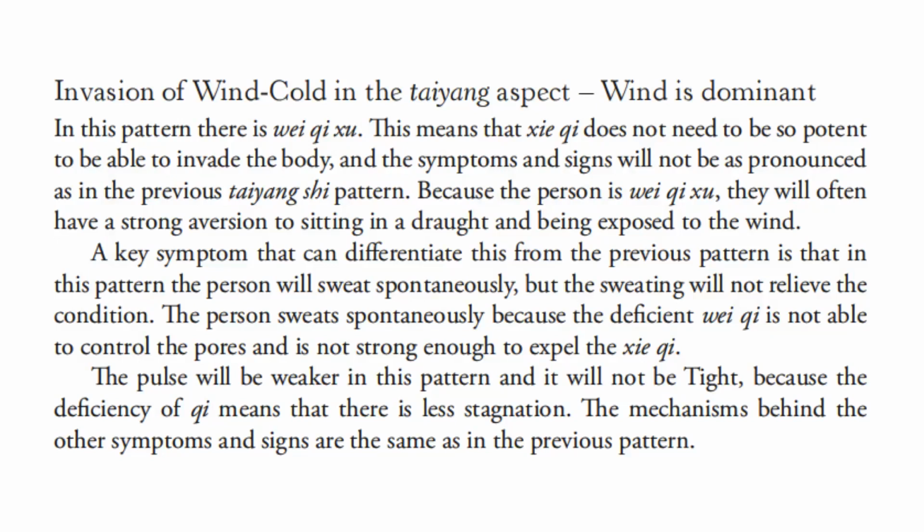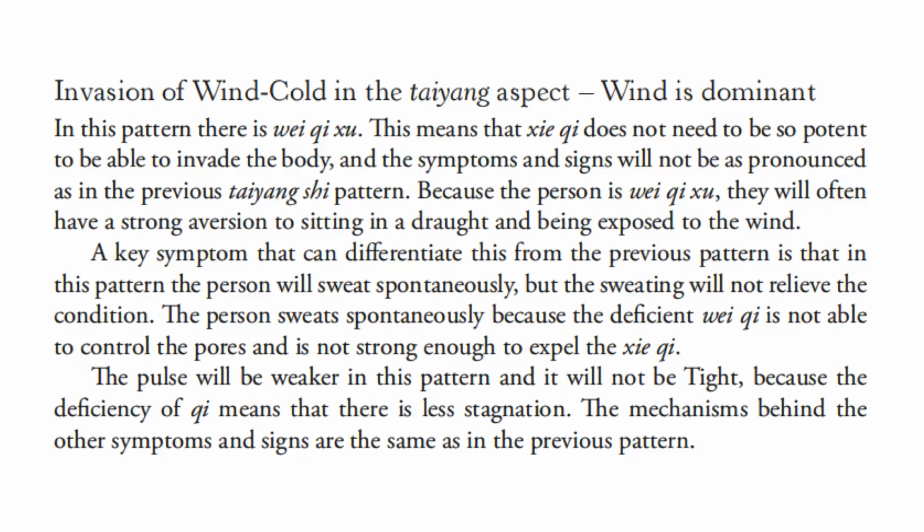A key symptom that can differentiate this from the previous pattern, which is invasion of wind cold in the Taiyang aspect where cold is dominant, is that in this pattern, the person will sweat spontaneously, but the sweating will not relieve the condition.